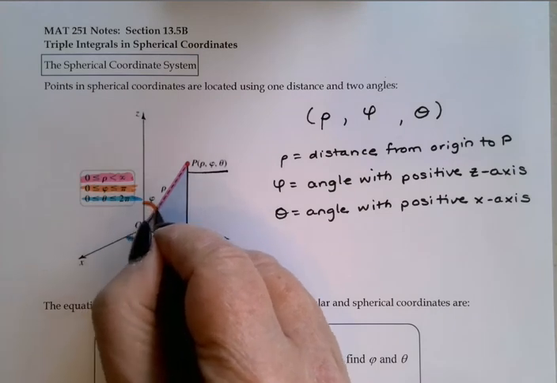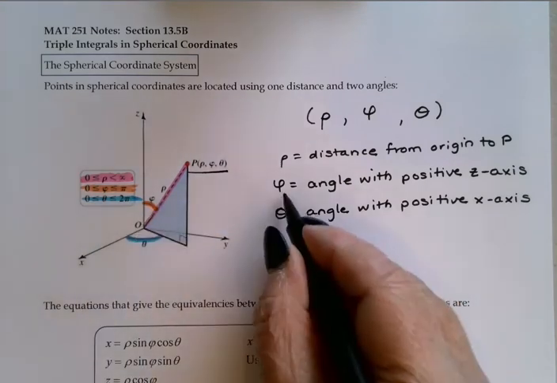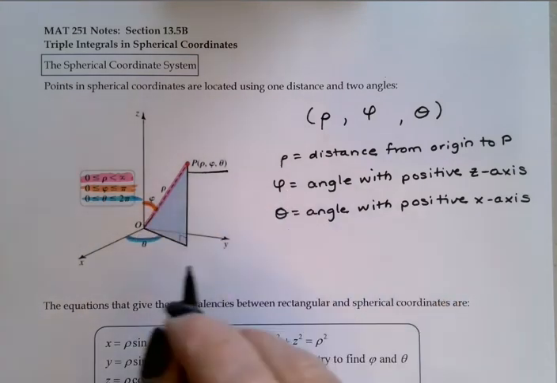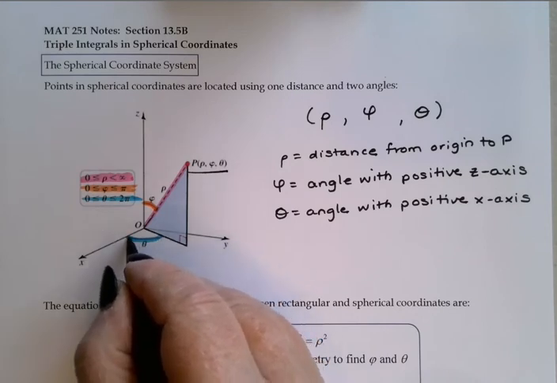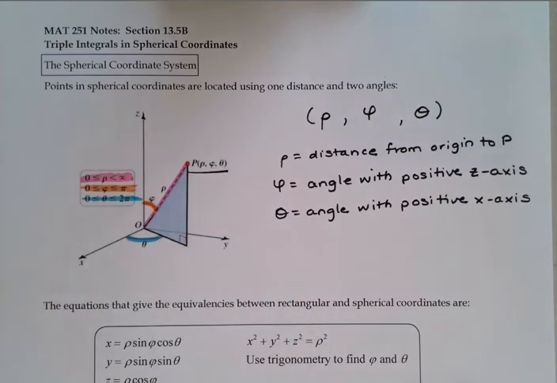That line's angle with the positive z-axis is phi. And if you imagine the projection of that line down into the xy plane, the angle that makes with the positive x-axis is our theta.